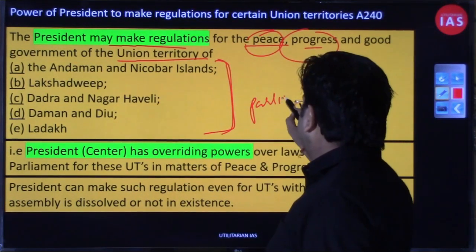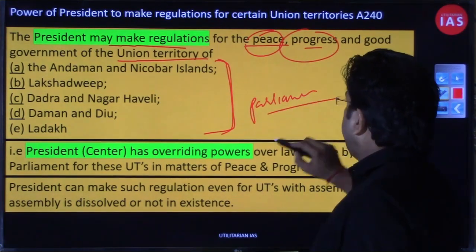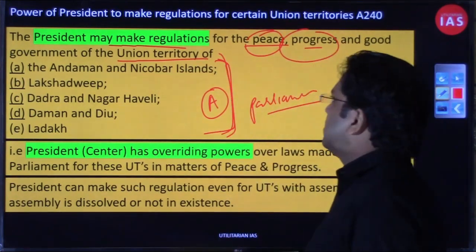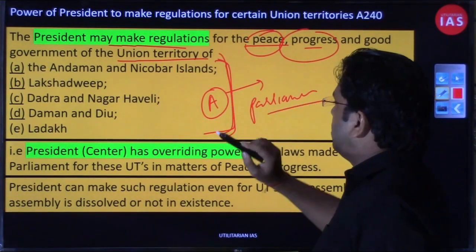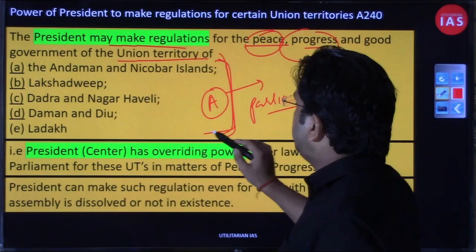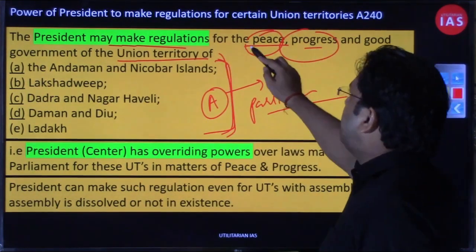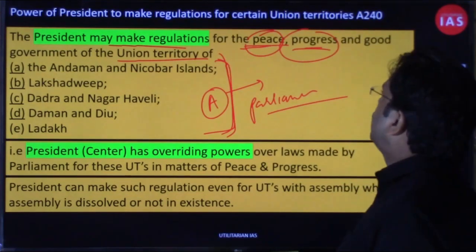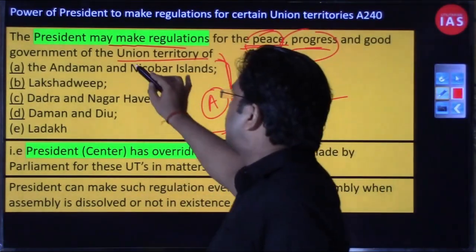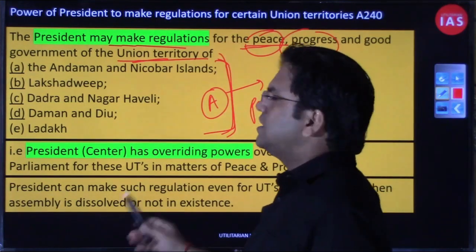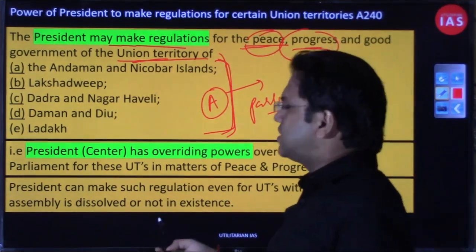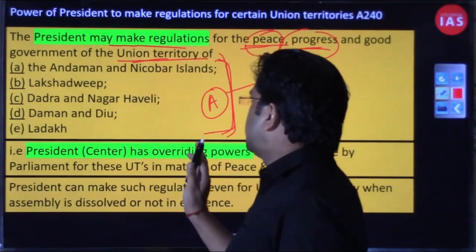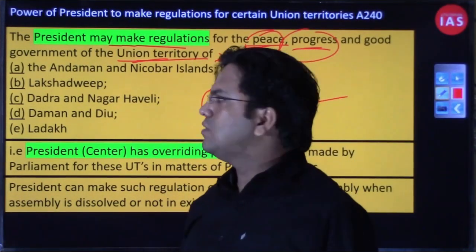Suppose parliament has passed a law on matter A in relation to these 5 union territories, and that legislation is interfering with the peace, progress or good governance of these territories. Then the president, or you can say the council of ministers, because the president does not do anything on his own except what is in his discretion, so those nuances we are not going into.